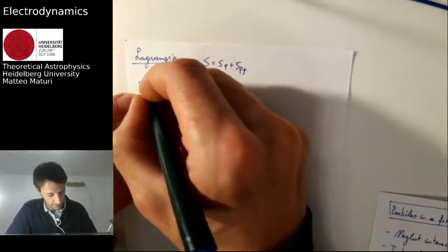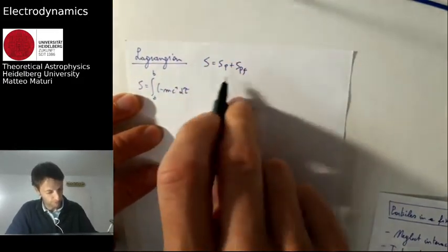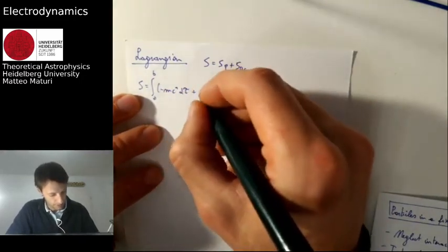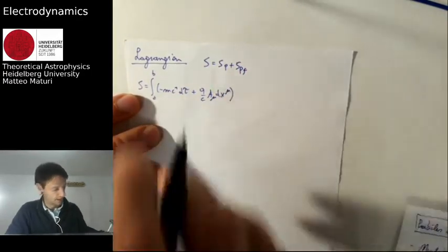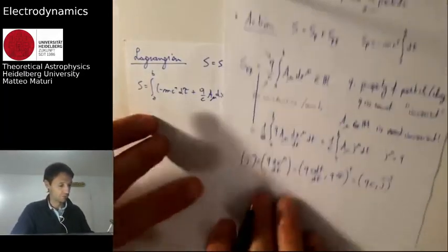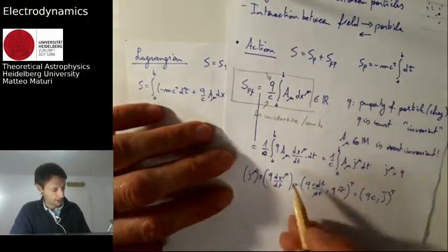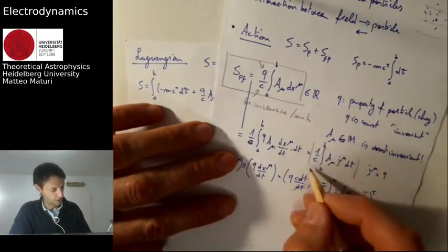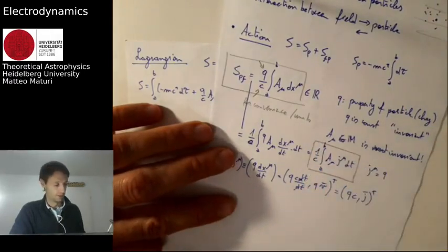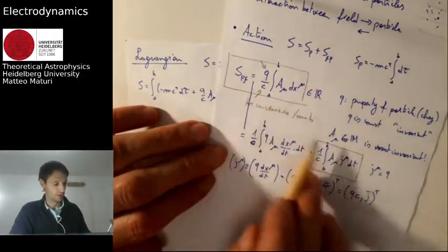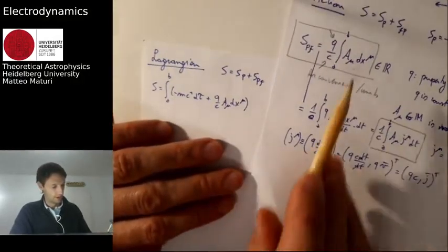Therefore we have S, the integral AB of minus mc squared d tau, that's related to the free particle, plus Q over c A mu dx mu, and this is related to the charged particle. That's this here. And then I introduced also this derivation related to J because it's also convenient. It will come up in a following derivation. Okay, so just keep in mind that for the charged particle you can use these two actions. And I just wrote it in here.